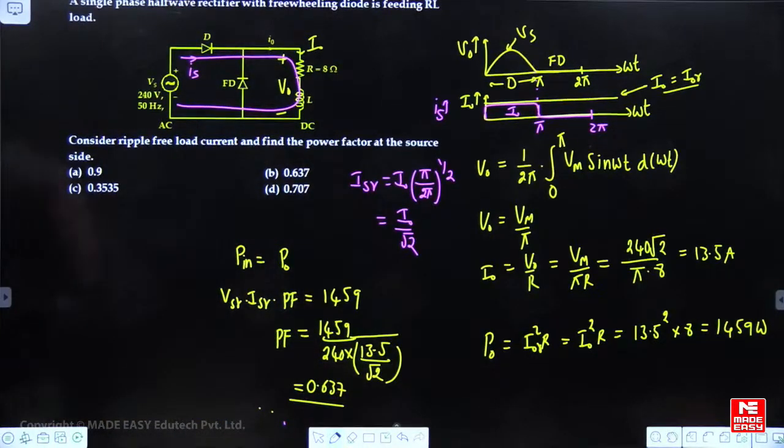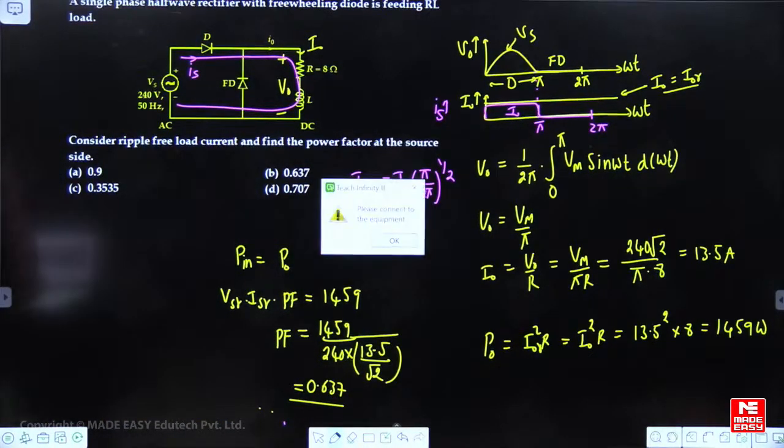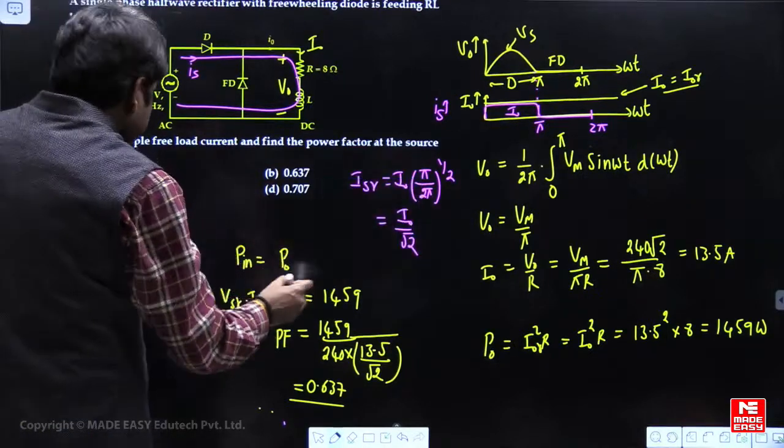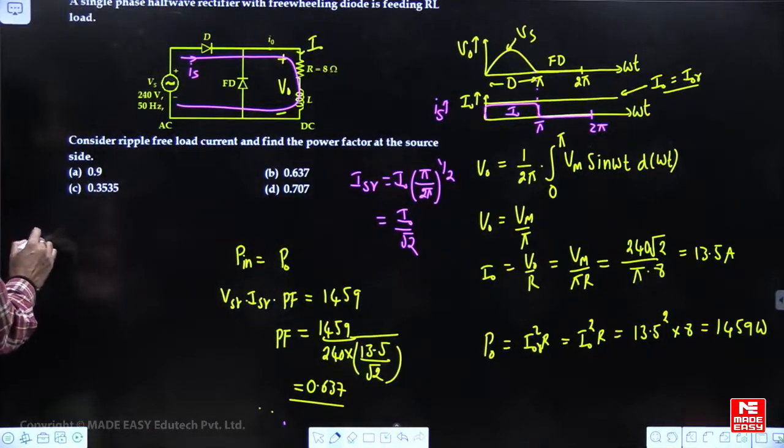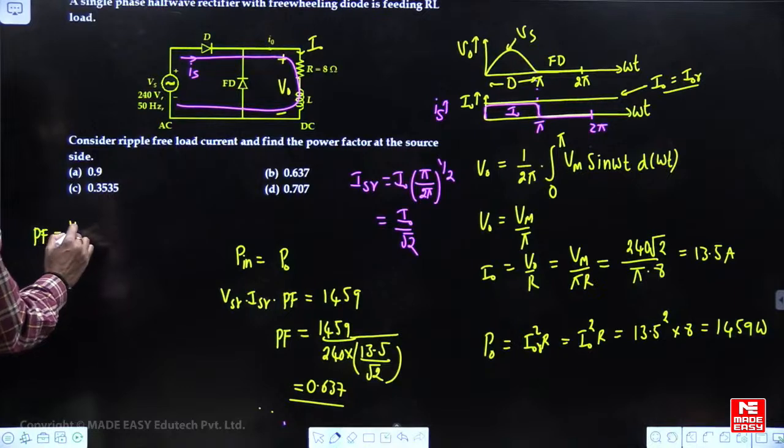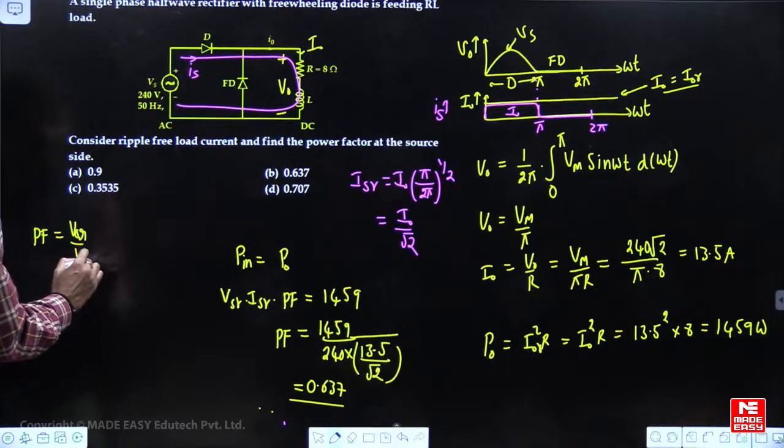Is it okay? I hope everyone got the same answer. Some of the students have made a mistake. They have said 0.707. That is the wrong answer. The answer is 0.637. Unfortunately people make some mistake here. They use this formula: power factor is output RMS voltage by supply RMS voltage.